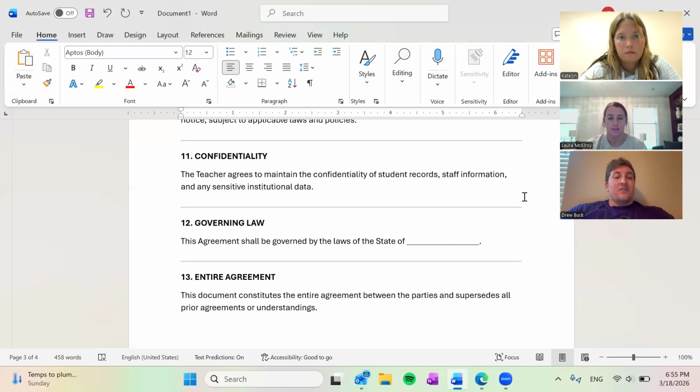Then the governing law, they have to have their teacher's license through the state in which they're trying to teach. Then pretty much at the bottom, the entire agreement simply states that you read through the contract, that you understand every single part of it, and that you are willing to abide by all the rules and conduct of the school and or the district that you are in.